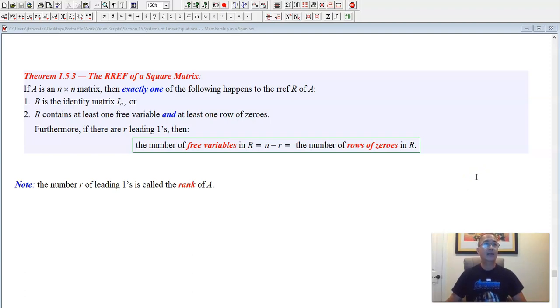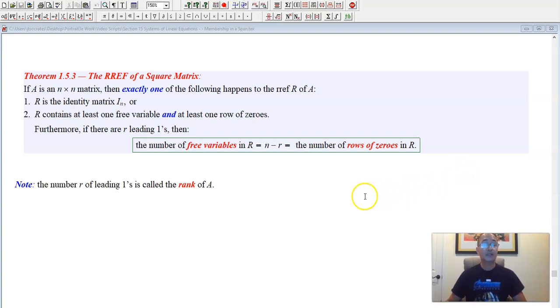But if there are R leading ones, then the number of free variables is of course n minus R, because any variable which is not a leading variable is a free variable. This is also the number of rows of zeros in your REF.